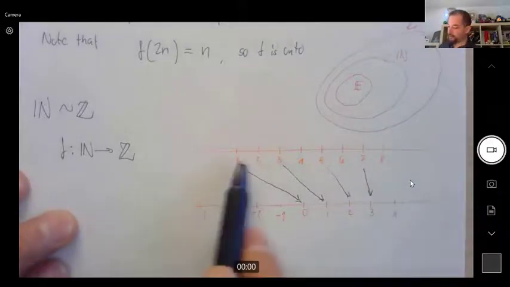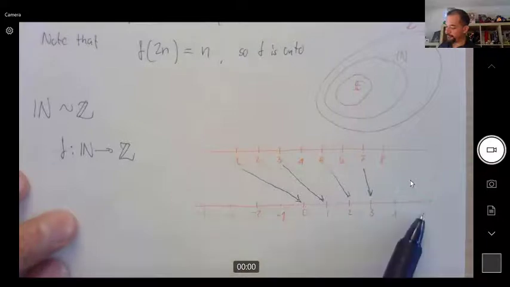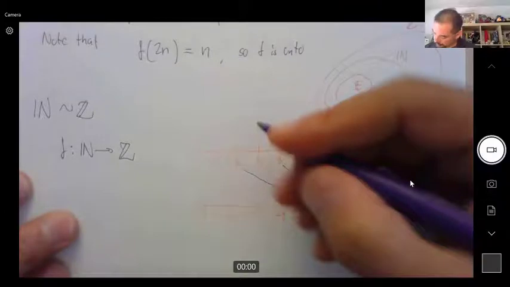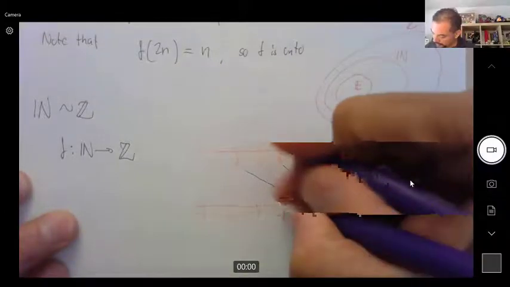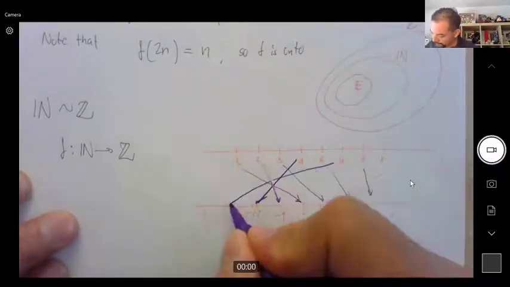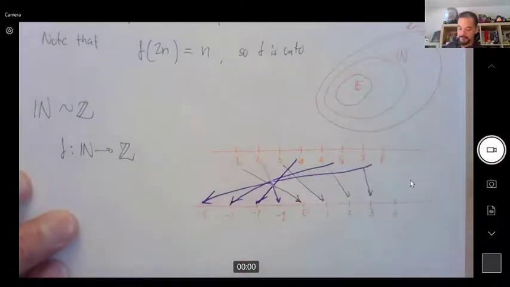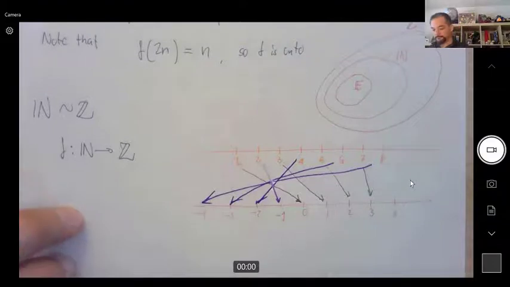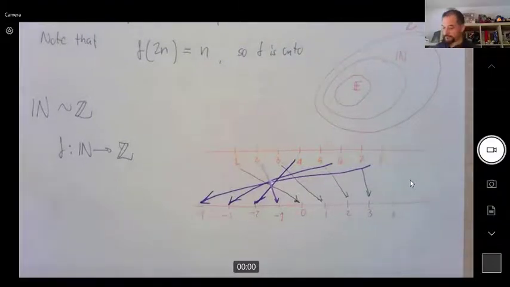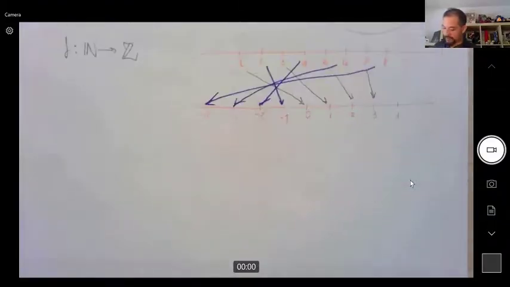I'm taking the odd numbers to go to the positives and 0. And then the even numbers, we take them to the negative ones. Could that work? Would you be convinced that this can work? Yes.